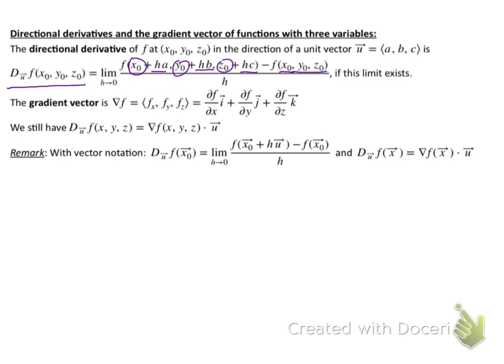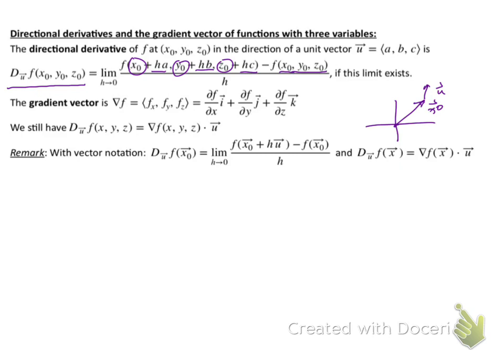Now, if you look at functions with two variables and functions with three variables, you can think of x0, y0 as a vector x0, and then u is the unit vector, and then you are really just adding. So here's the origin and the point is here. I don't want to use x0 anymore. So this vector is x0, and you go along the unit vector u a little bit, and you'll see.